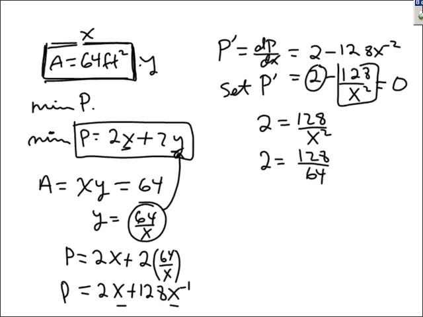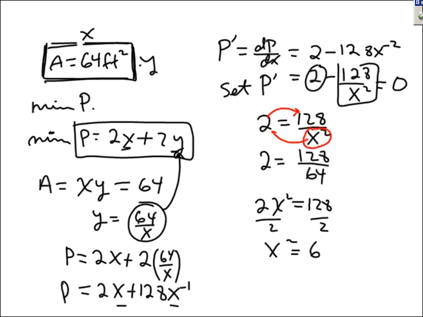If you didn't know that, you're going to have to know it, because pretty much you should know that x squared times 2 equals 128. X squared times 2 is 2x squared. This is equal to 128. Divide by 2, and there is the 64.